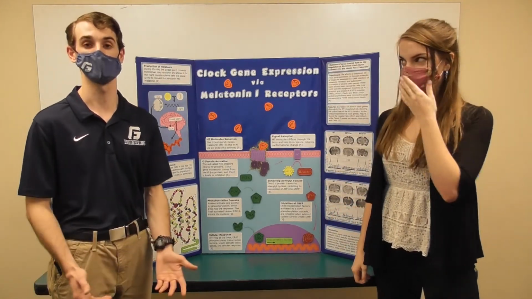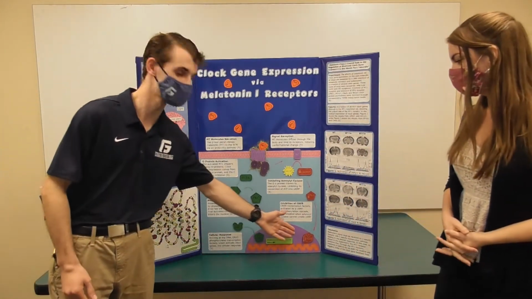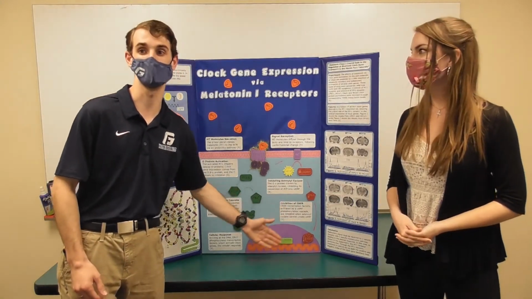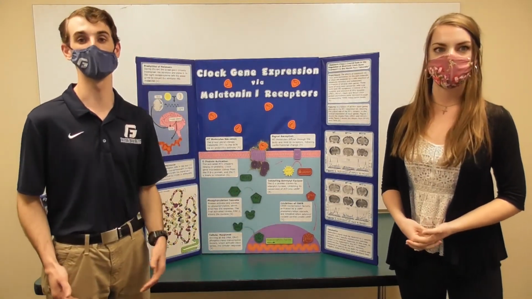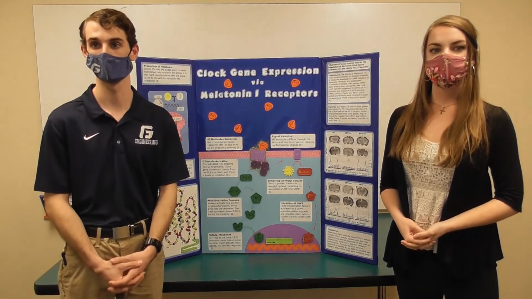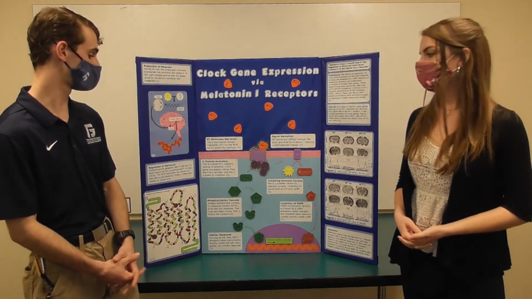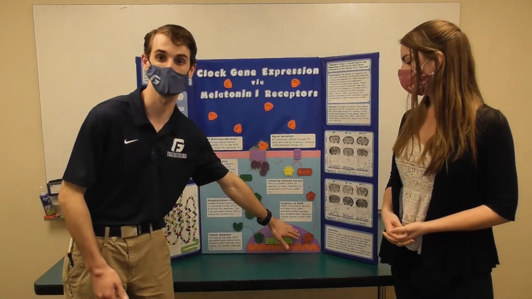So at the end of that phosphorylation cascade, we have cyclic AMP responsive element binding transcription factors, or CREB transcription factors. And that is one of the 2 sides. We have our ERK and our CREB.